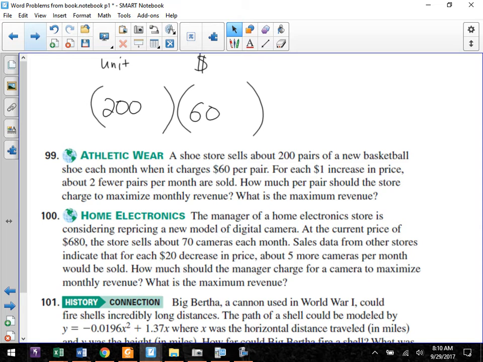It says that for each dollar increase in price, how many shoes do you lose? Negative 2.